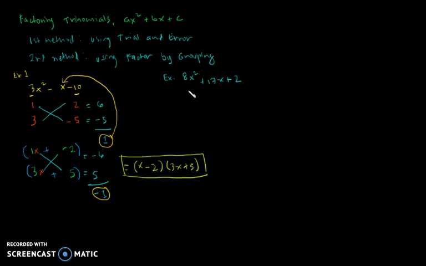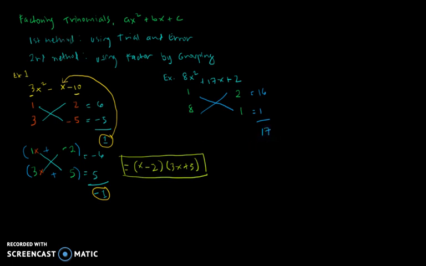In this case, I have 1 and 8, and for 2, I have 2 and 1. Then I cross multiply, so this is 1, this is 16, and then I'm going to add these two.